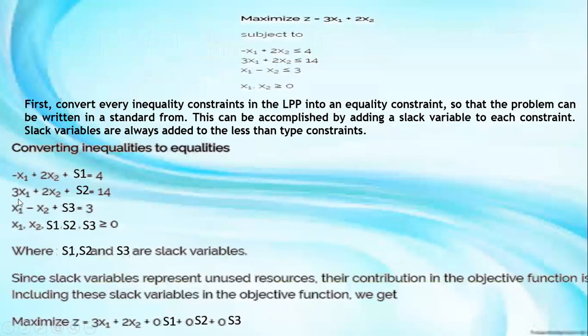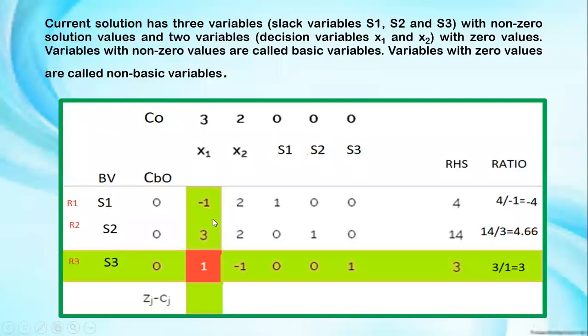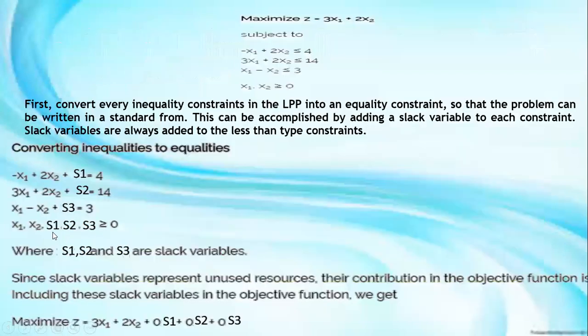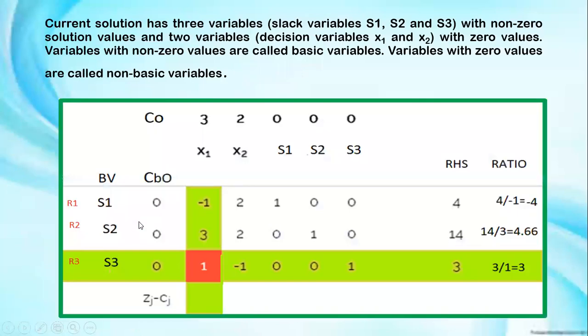If you take the second equation, it is 3, 2, 0, 1, 0 and 14, because the S1 variable is 0 and the S3 variable is 0. Third equation: 1, -1, 0, 0, 1 and the RHS will be equal to 3. So you have got the basic table.